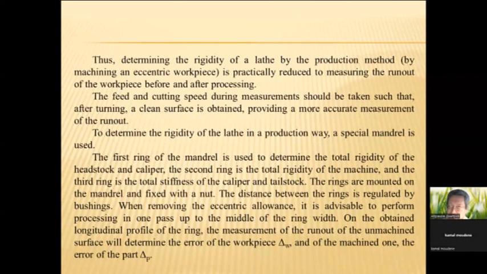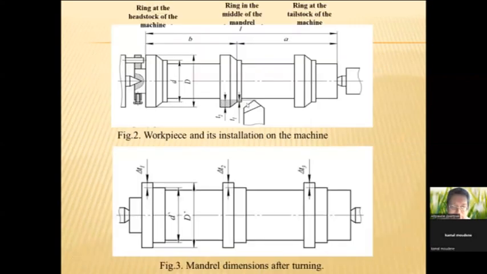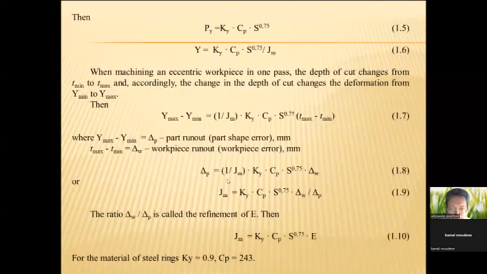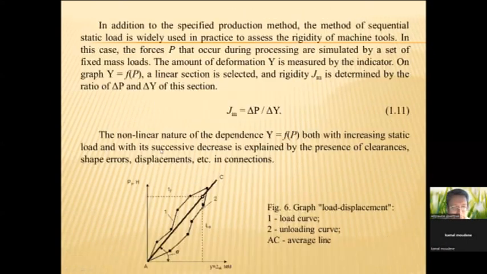We determine the eccentricity before and after processing: delta W is the workpiece error, and delta P is the part error after processing.